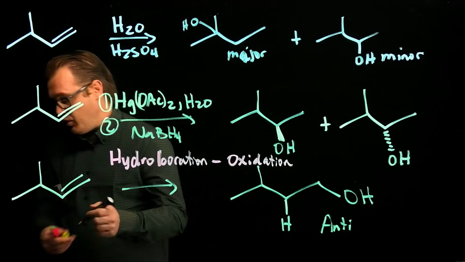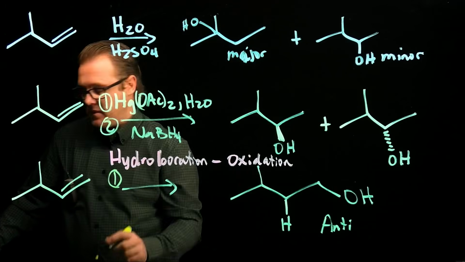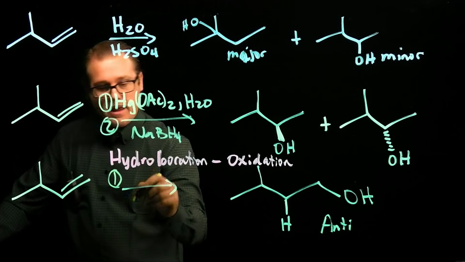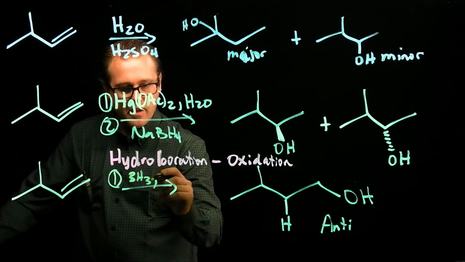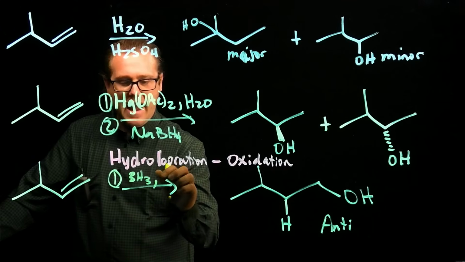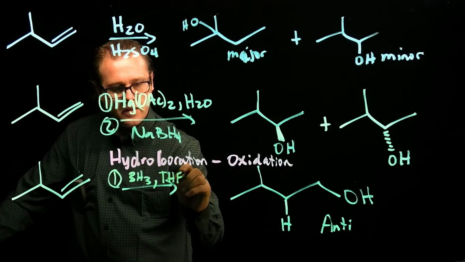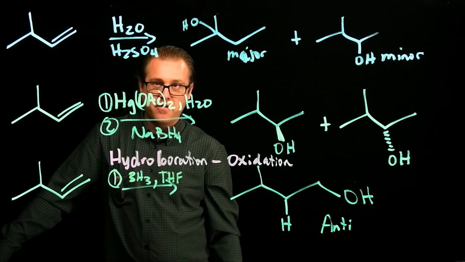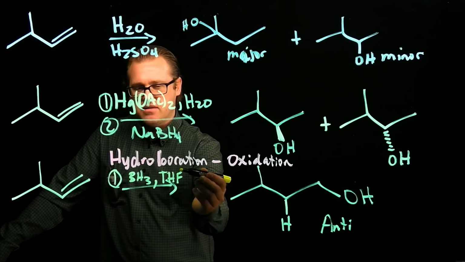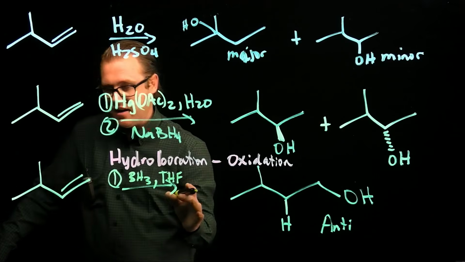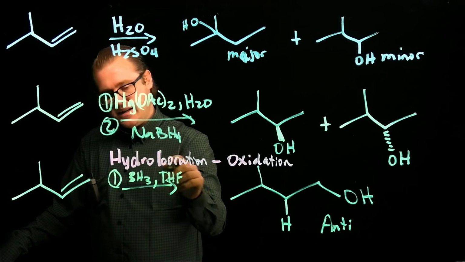And this is another two-step reaction in which, in step 1, you're going to treat the alkene with a borane, BH3, that's called borane, and it's going to be in a solvent called THF. THF stands for tetrahydrofuran. It's just a common organic solvent. Okay? So that's not too terribly important here. Well, I retract that. It needs to be in THF.